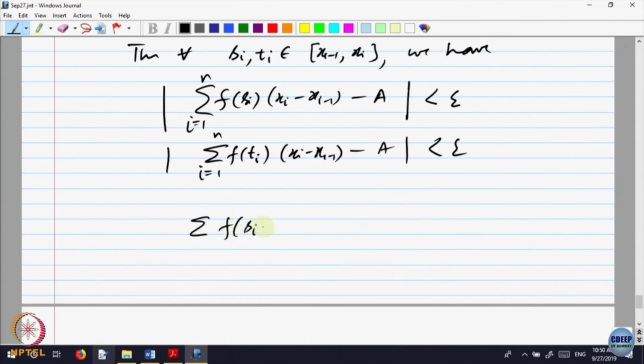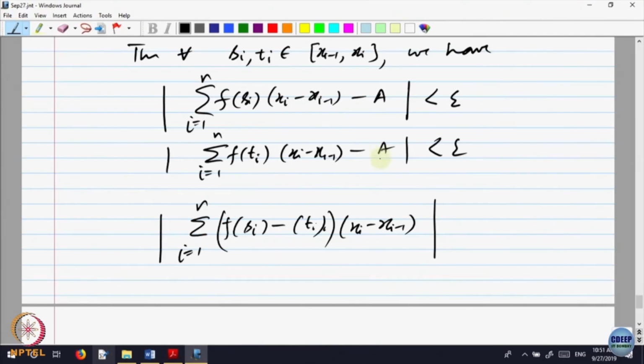The summation of f(si) minus f(ti), i equal to 1 to n, into the length of that interval, xi minus x(i-1). I want to estimate this quantity.